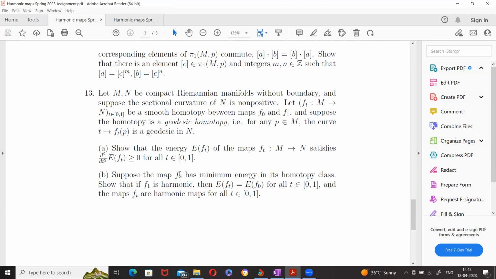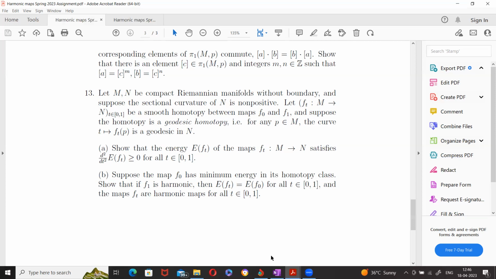If F0 has minimum energy, F0 is harmonic. And if F1 is harmonic, all of the maps have the same energy and they're all harmonic. So when you take a geodesic homotopy between two harmonic maps in non-positive curvature, all the maps in between are harmonic, with the same energy. That's what we're proving.